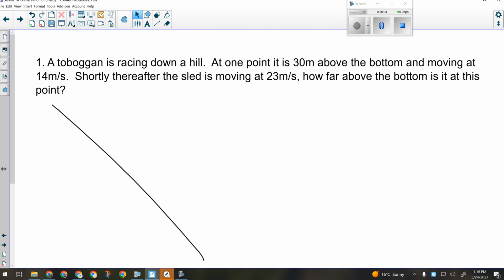We've got our hill and our toboggan. At one point it's 30 meters above the ground, moving at 14 meters per second. Shortly thereafter, the sled is moving at 23 meters per second.